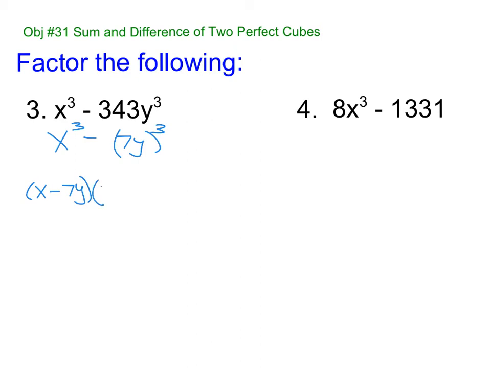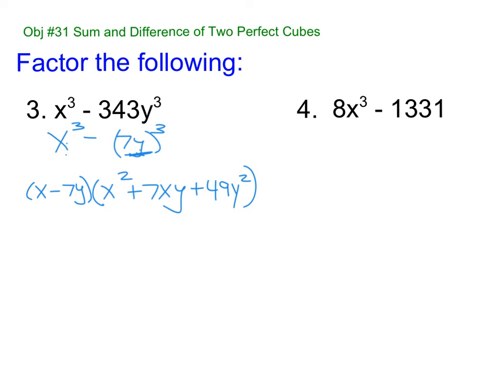Square the first guy, x squared, plus, remember opposite sign, multiply those two things together, so 7xy, no exponents, and then plus, we take that last guy and we square him. Done. All right. Try this one on your own.